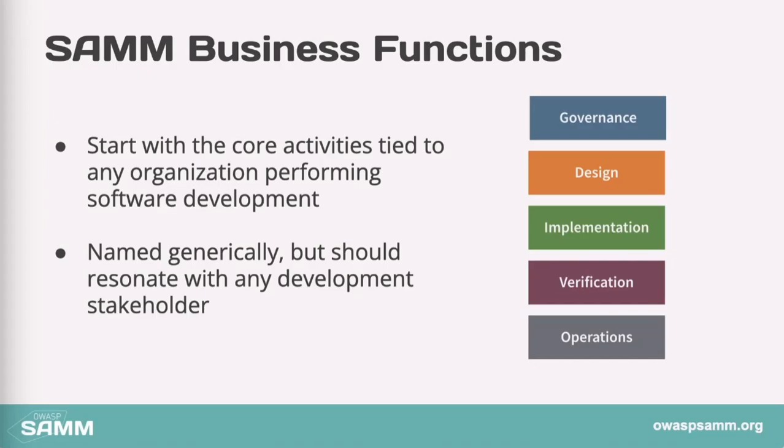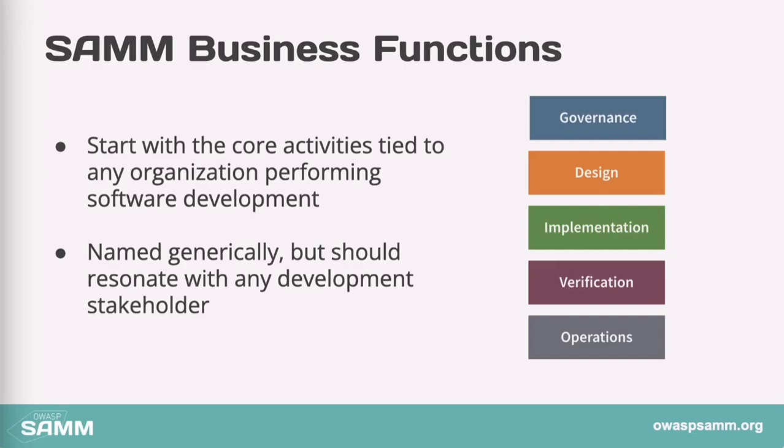We will look in depth into each of these categories, but here's a quick recap of what each business function represents. Governance focuses on the processes and activities related to how an organization manages overall software development activities.